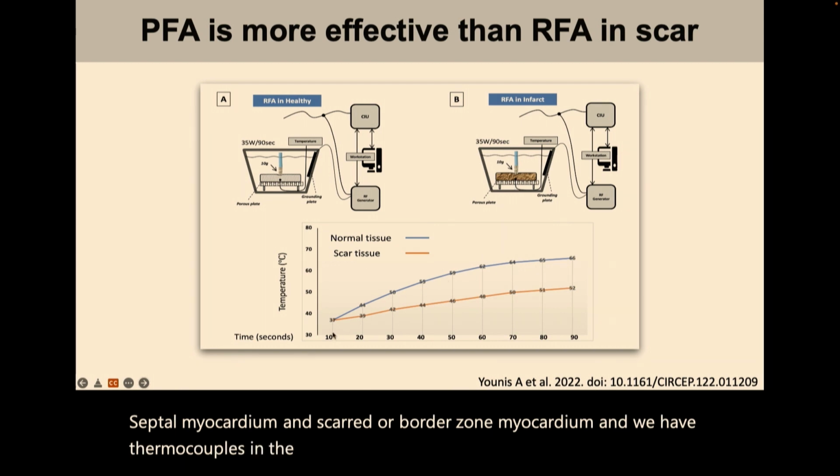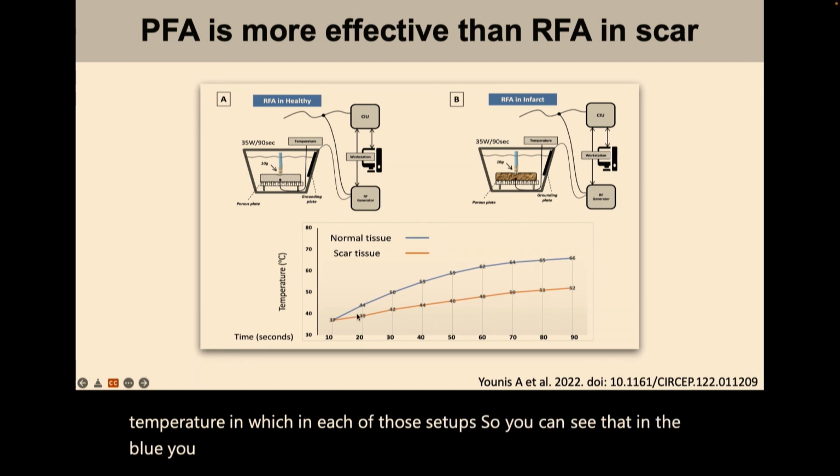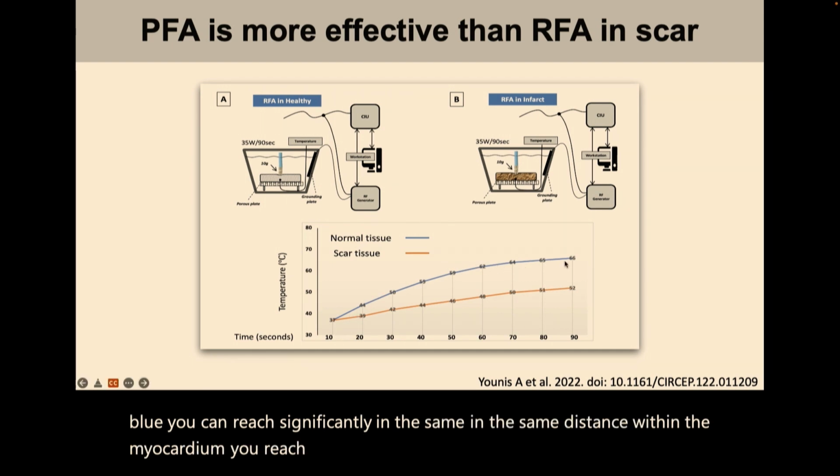And here I have plotted the intramyocardial temperature in each of those setups. So you can see in the blue, in the same distance within the myocardium, you reach higher intramyocardial temperature when you don't have scar.